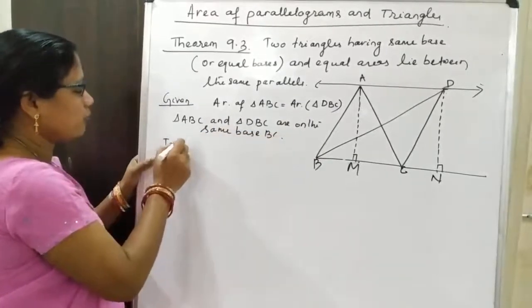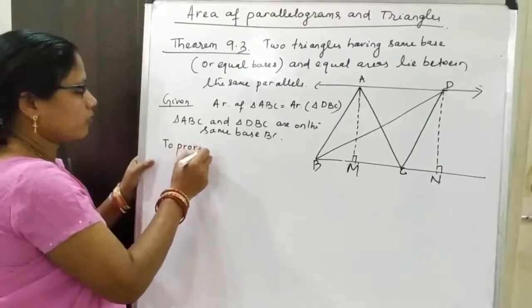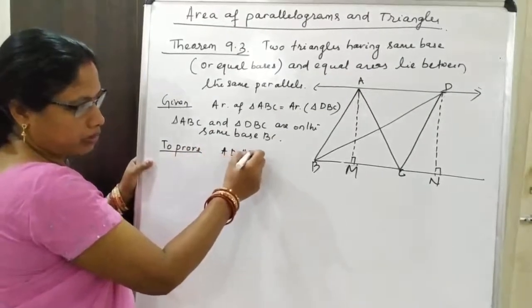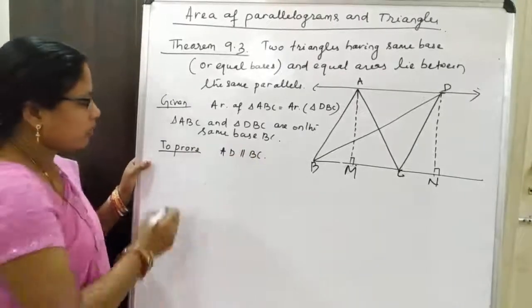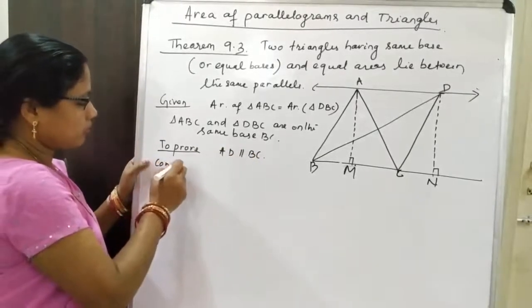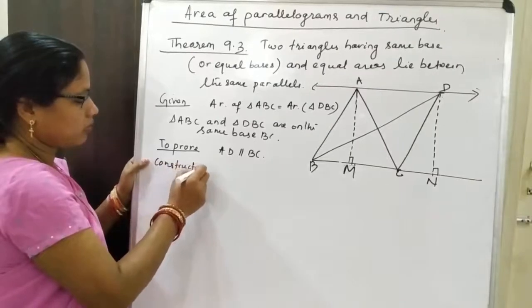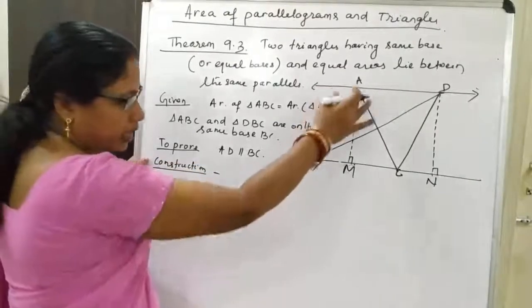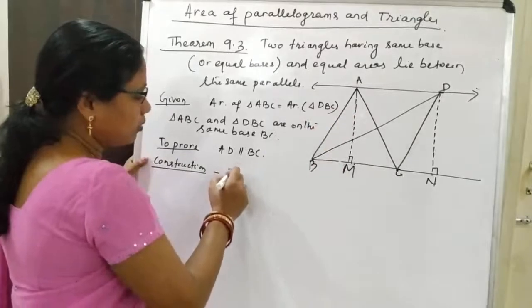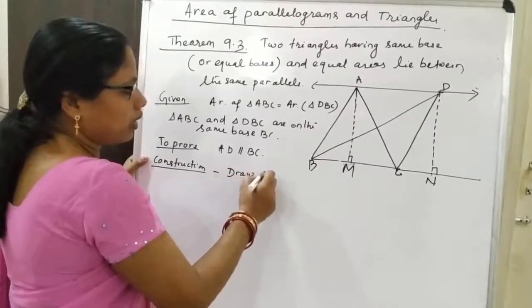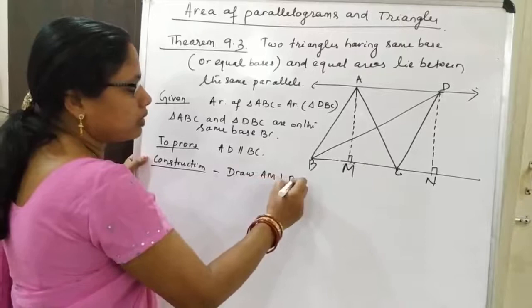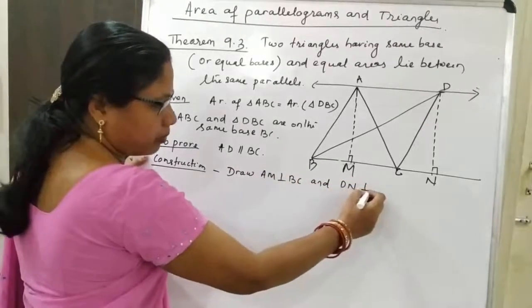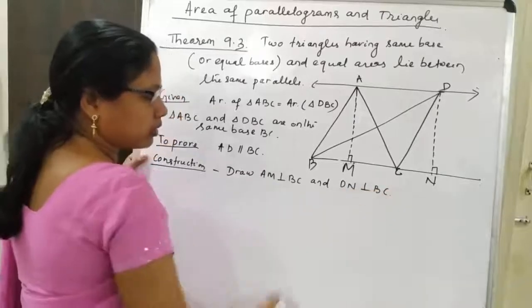Then to prove AD parallel to BC. Then construction: we have to construct AM perpendicular to BC and DN perpendicular to BC.